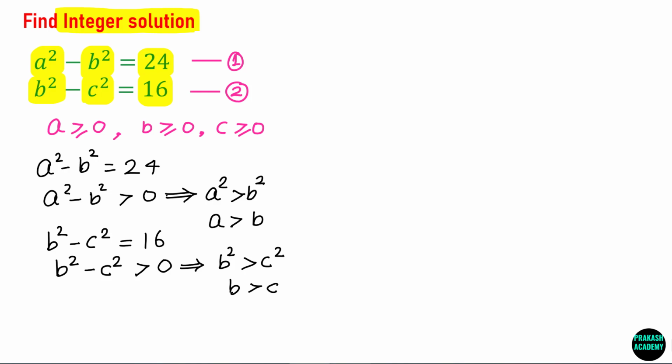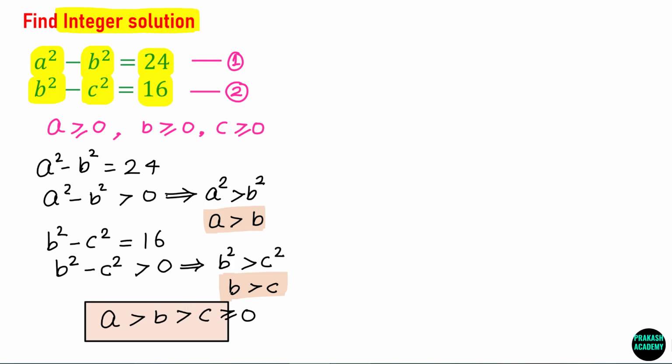So now I have a condition: a is greater than b and b is greater than c, and all are greater than or equal to 0. It can be equal to 0 also. So we have derived this condition, and we will use it while solving this problem.